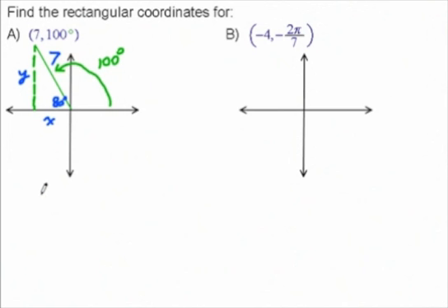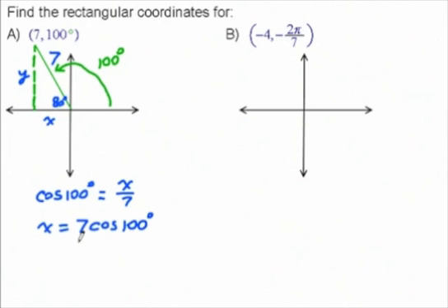So here I'm going to set up cosine of 100 degrees is equal to x over 7. And that'll give us the correct sign for the answer for x. Otherwise we'd have to always go by the picture instead of just using a nice little formula. The formula actually is x equals r cosine of theta.